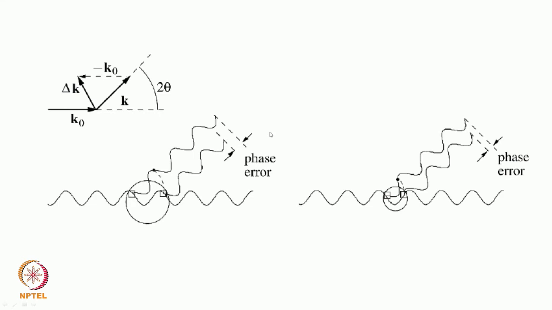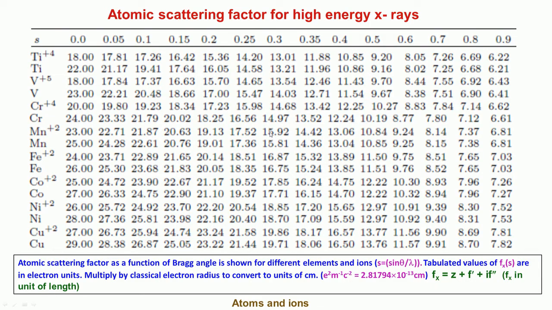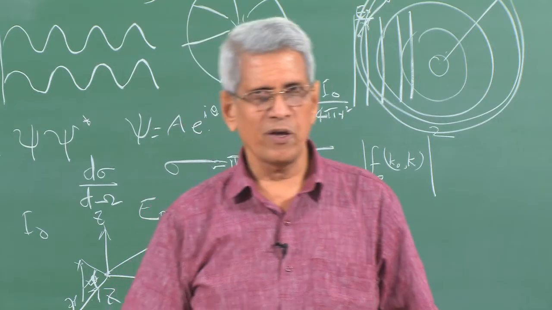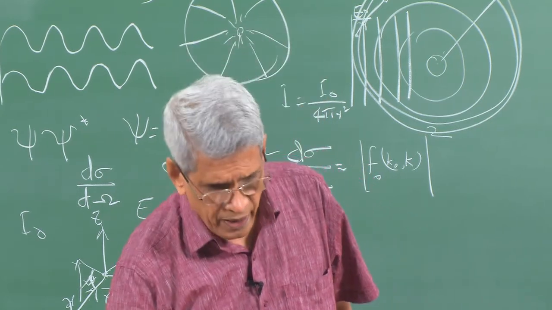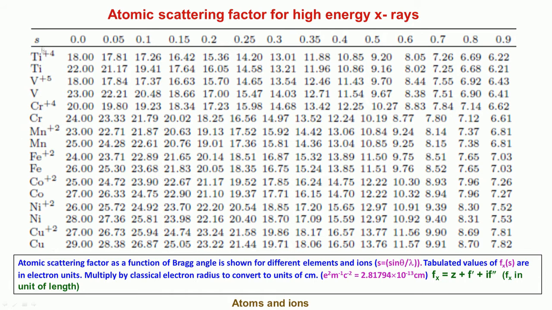This has been calculated and I have just taken it from many other books where the values are given in standard tables. Here you can make out that S represents nothing but sin theta by lambda, for various values. When theta is 0, the value almost corresponds to the number of electrons in the atom.